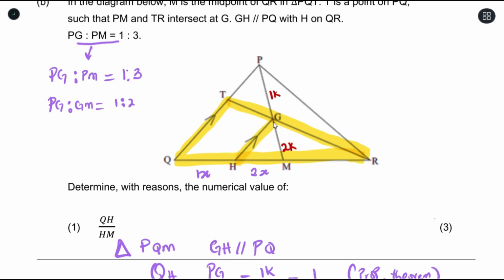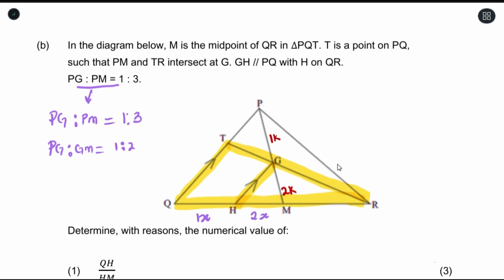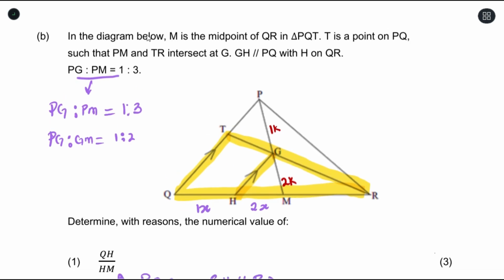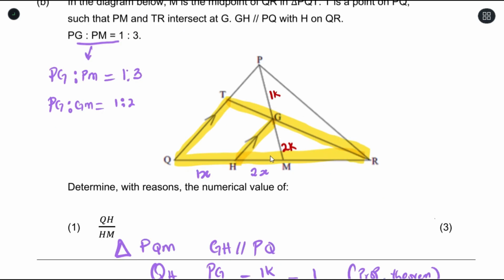Now the problem is for us to get RG over RT, we need the ratio of MR. Going back to the question, we were told that M is the midpoint. If M is the midpoint, it means that the distance of QM should be equal to the distance of MR. So looking at that there, that would mean that this here would actually be 3x because I'm looking at the entire distance there. Okay, now with this, I think I have enough information to answer my question.